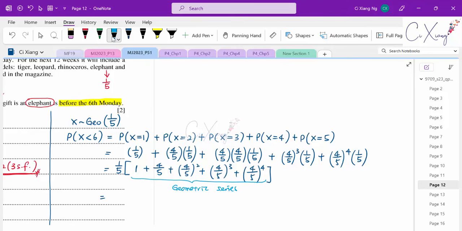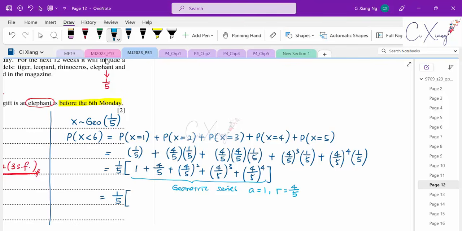Okay, in pure maths that we learn. So we are trying to add the first 5 terms of a geometric series. So what's the formula here? For this geometric series, A is equal to 1 and r is equal to 4/5.